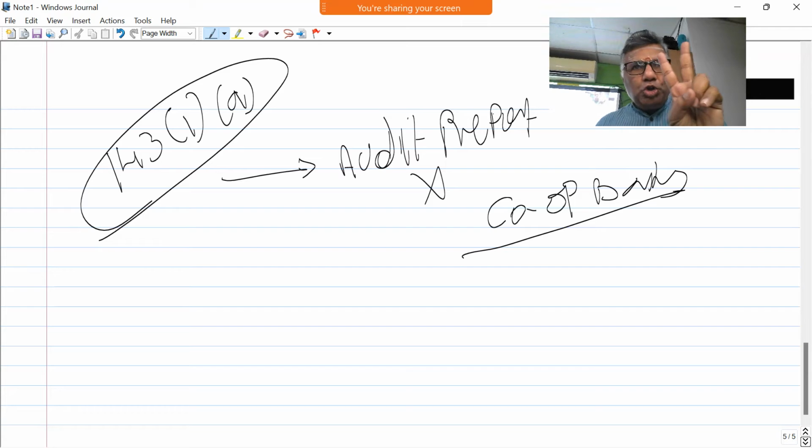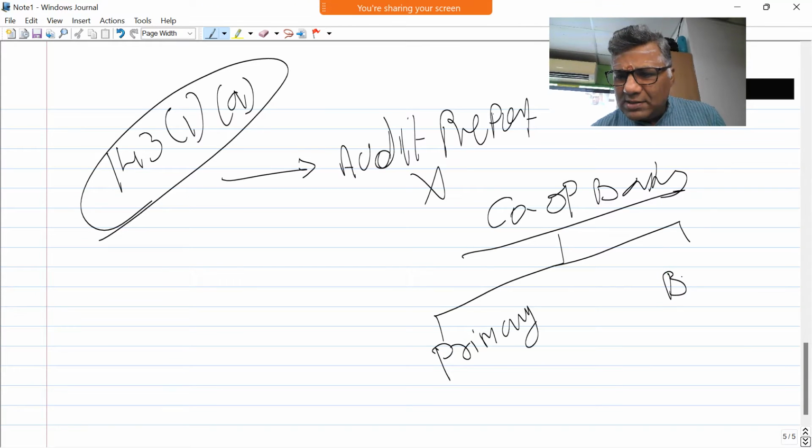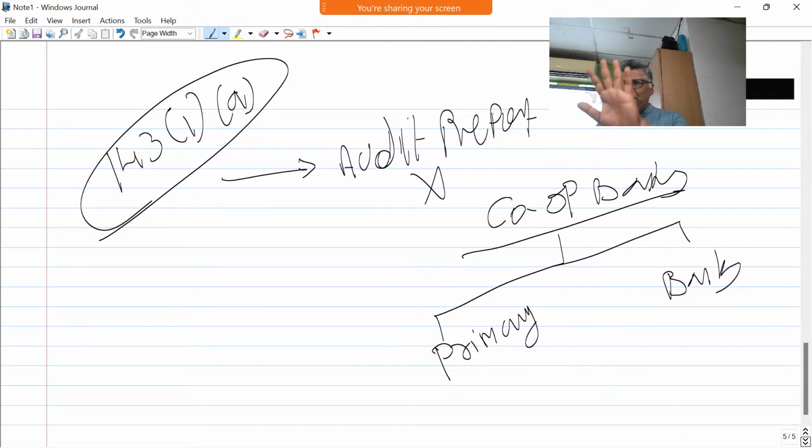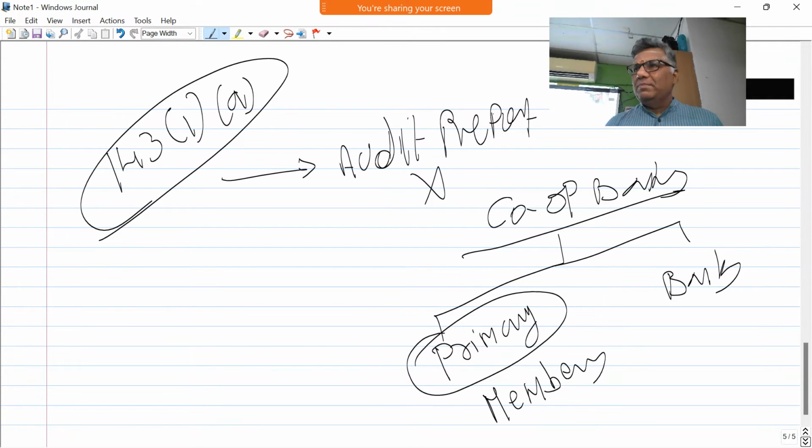There are two types of cooperative banks: primary cooperative societies and banks. Primary cooperative societies or sometimes directly banks. Please understand, take your time in this. In the primary cooperative society, the majority of the time it is only for members.